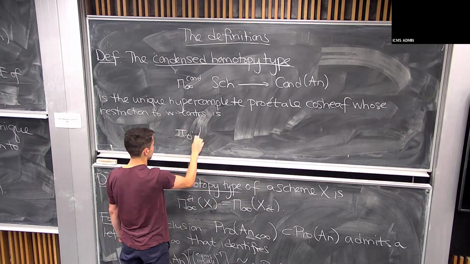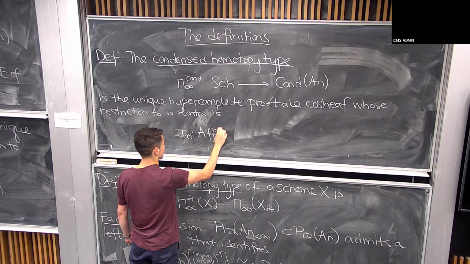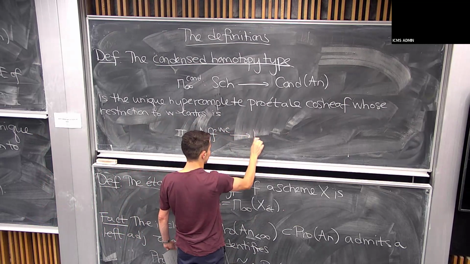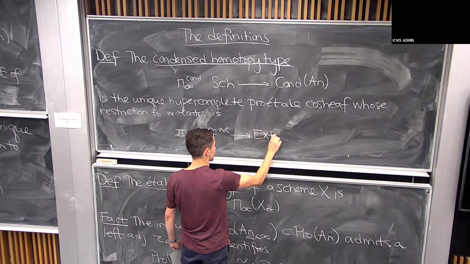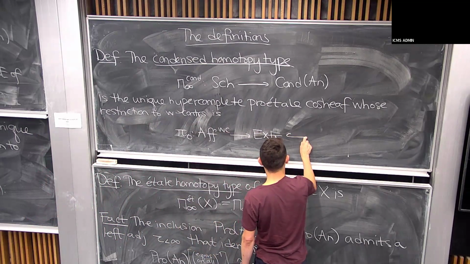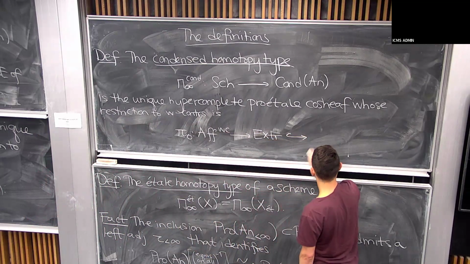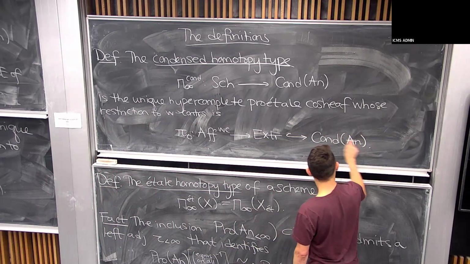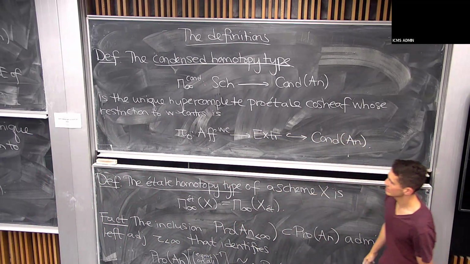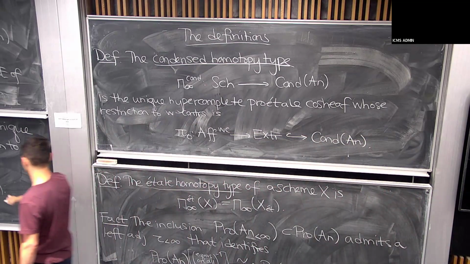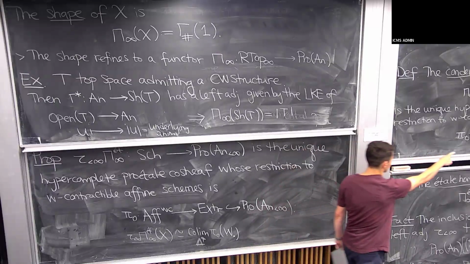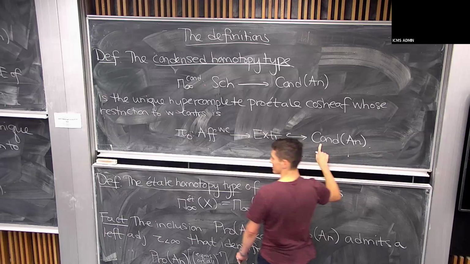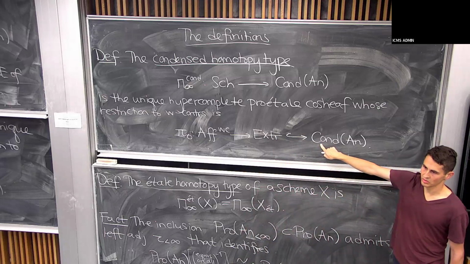So I can take pi naught of one of these W-contractible affine schemes. It's an extremely disconnected profinite set, and I can just think of that via the Yoneda embedding as a condensed anima. And there is a functor from here to here, but it's a right adjoint functor and it preserves basically no colimits.